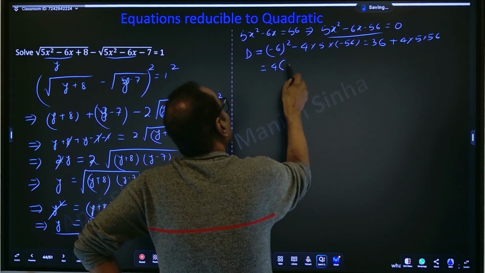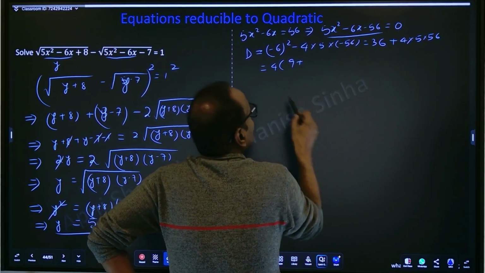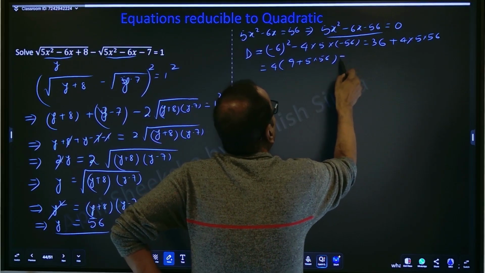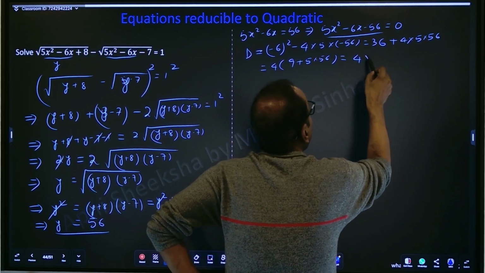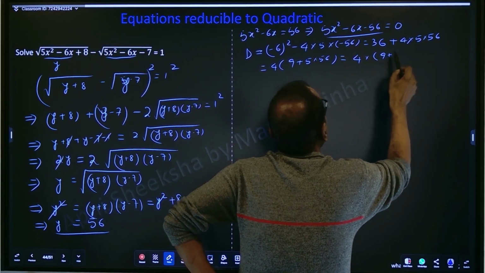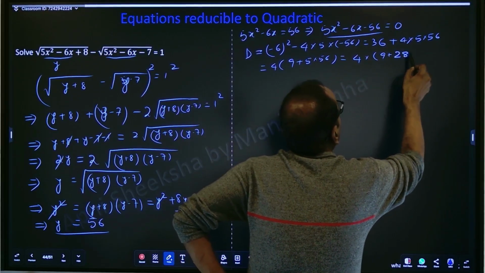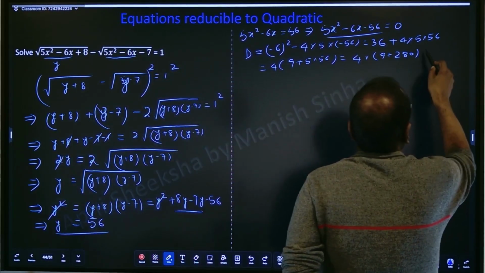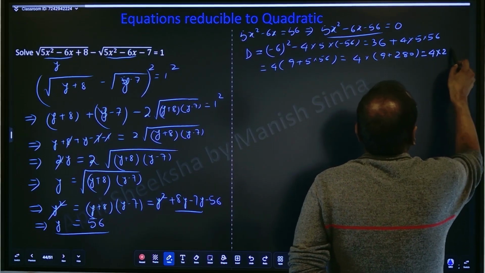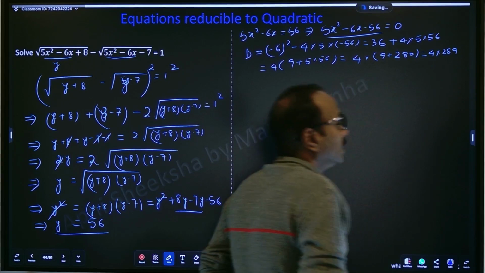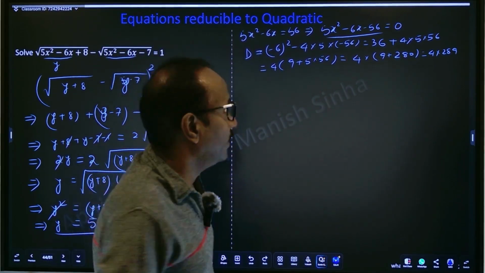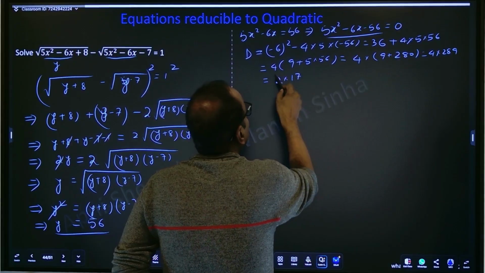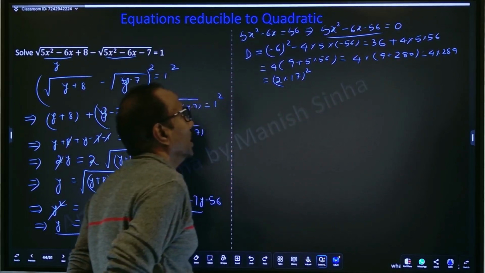If you take 4 common, 56 into 5 is 280, then 4 into 289. And 289 is the square of 17. So the discriminant, you can say, is 2 into 17 square.